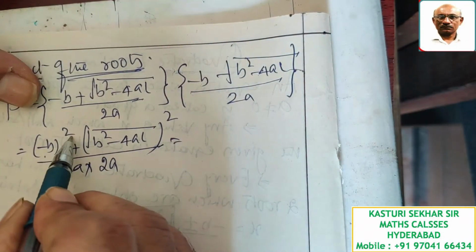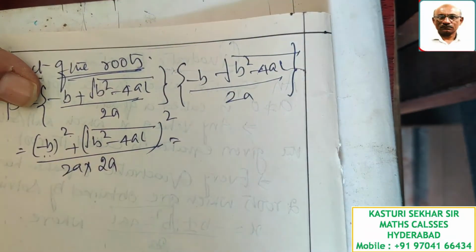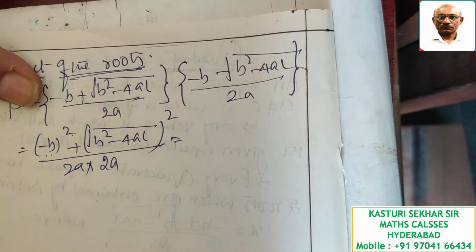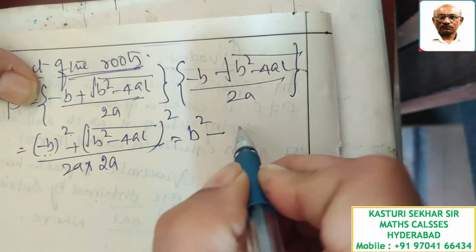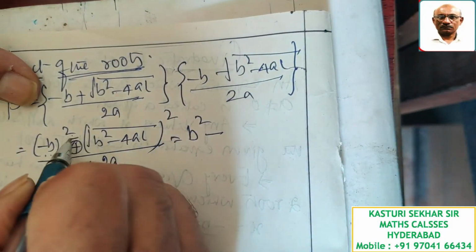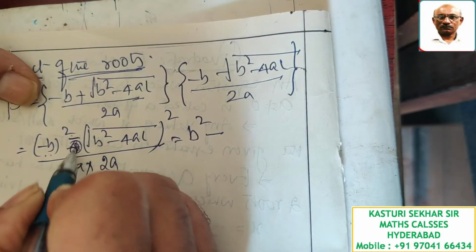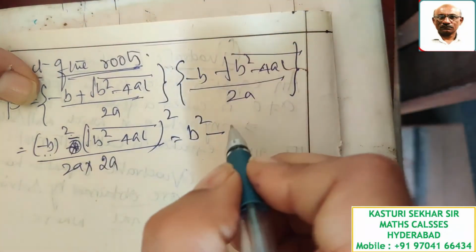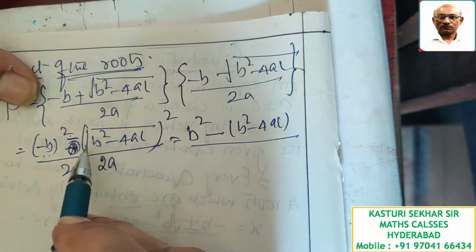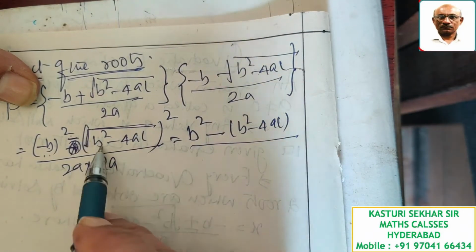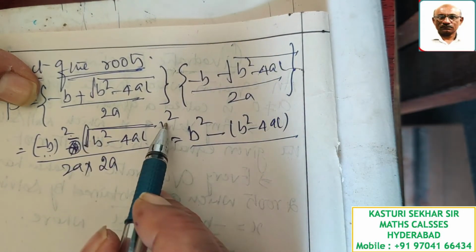Minus b into minus b: when minus is multiplied an even number of times, it becomes plus, so b square, minus the square of the second term. For the second term, the root is eliminated, sir: under root of b square minus 4ac whole square.